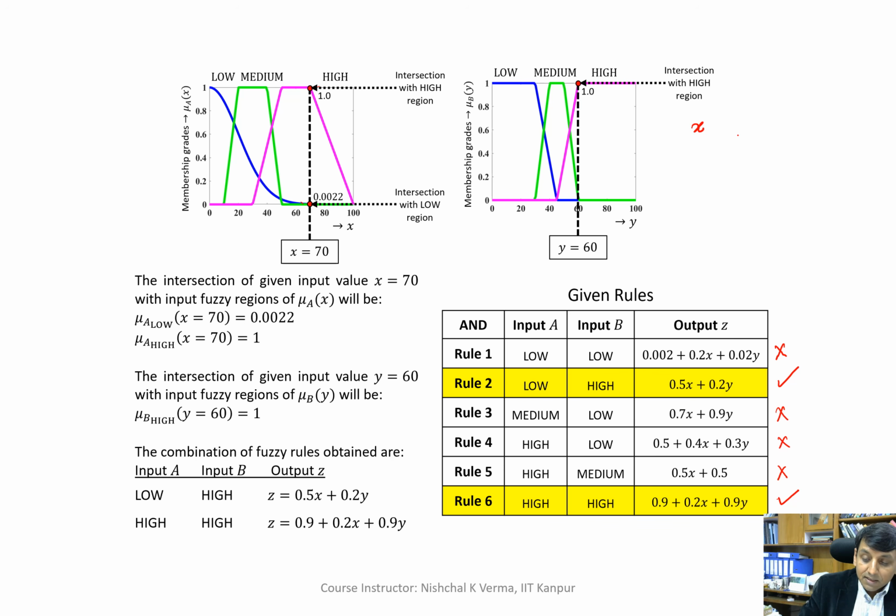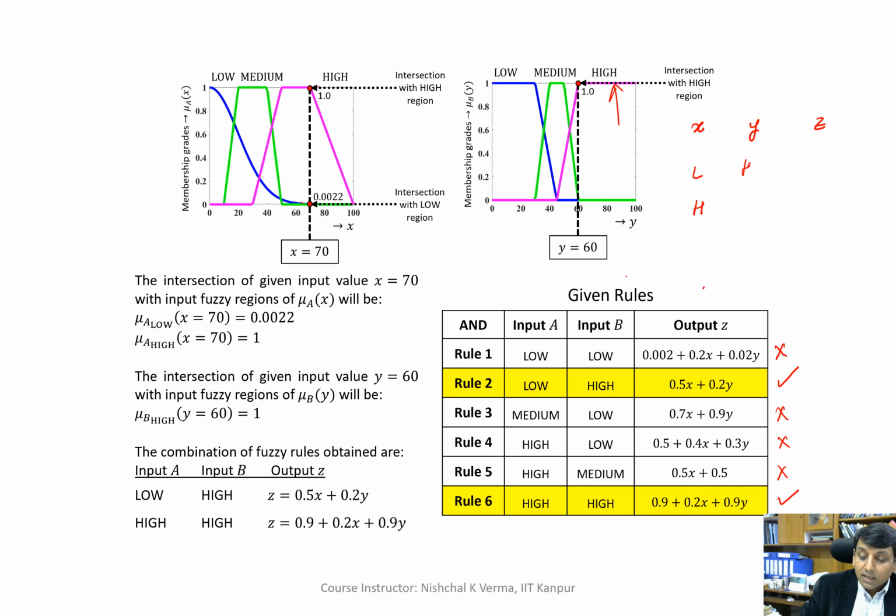So for x, y, and then z: x is cutting two fuzzy regions, low and high, and y is cutting only one fuzzy region here, the high. For others it is 0.